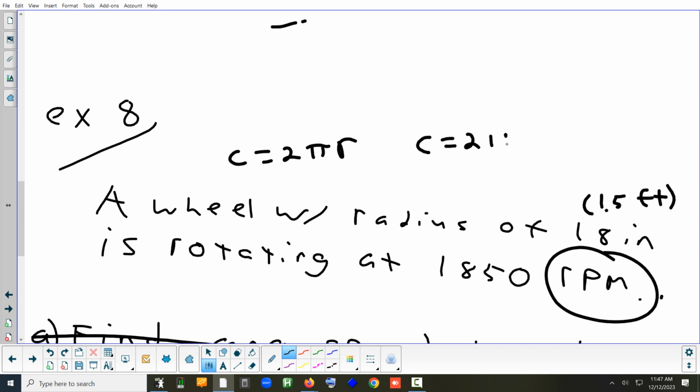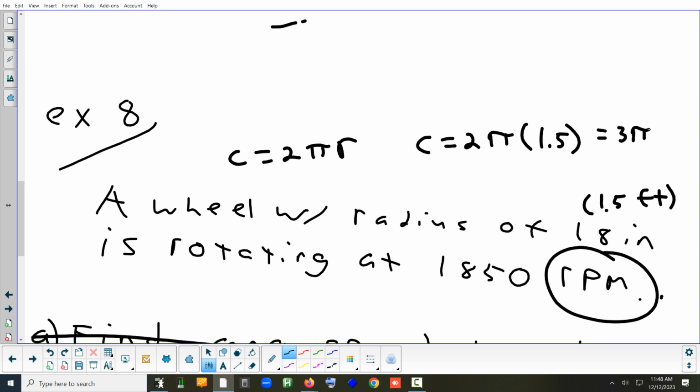So the circumference is 2 pi times 1.5. What do you get when you simplify that, but you can leave your answer with pi? No decimal. 3 pi what? For the circumference?